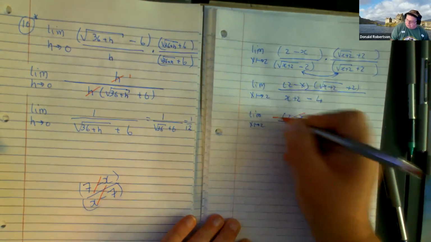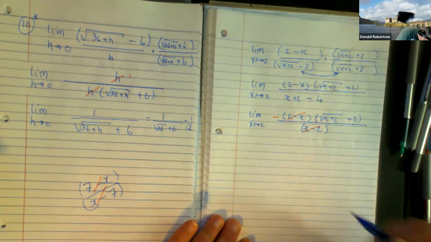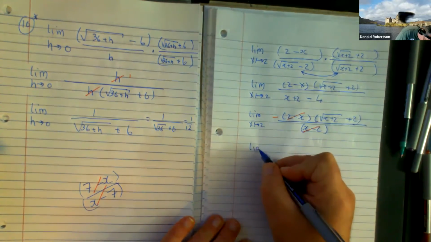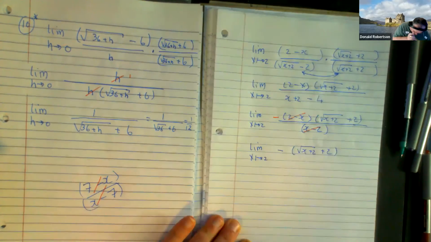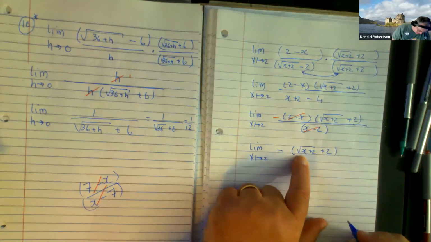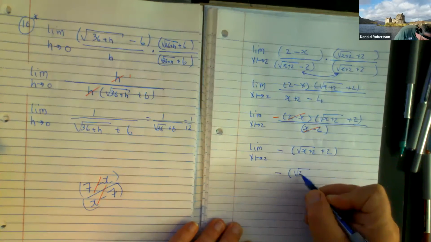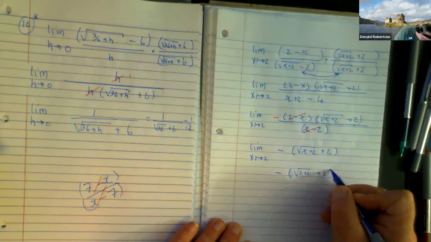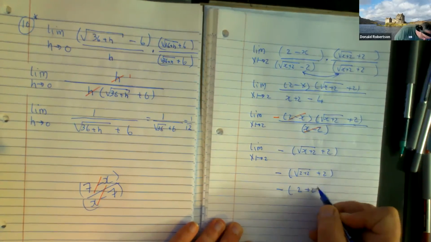And so what we now have is the limit as x tends to 2 of negative that guy. Now I'll plug in my x value. So it's going to be negative the square root of 2 add 2, negative square root of 4, which is 2 add 2, -4.